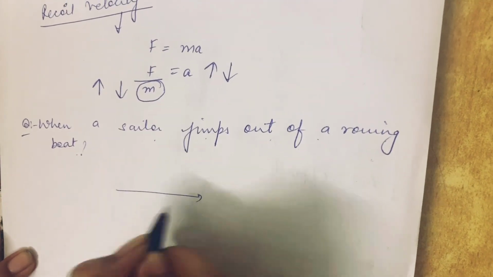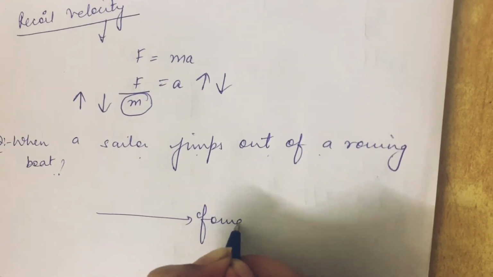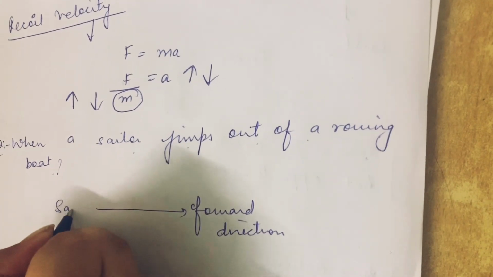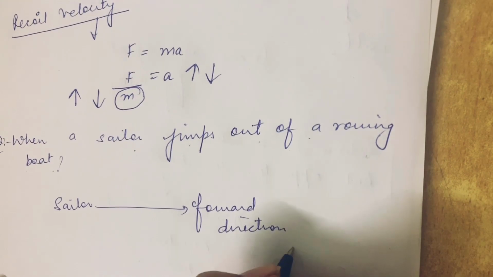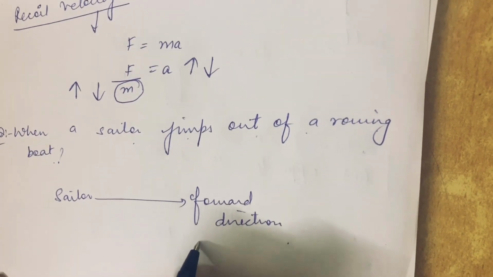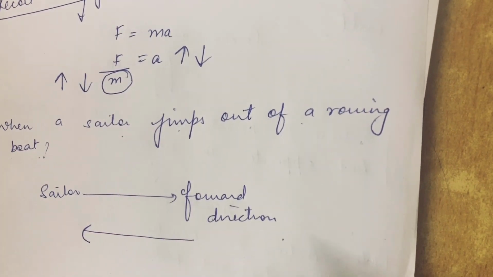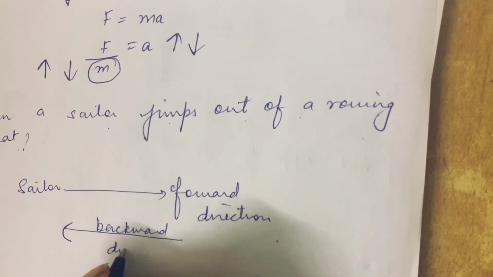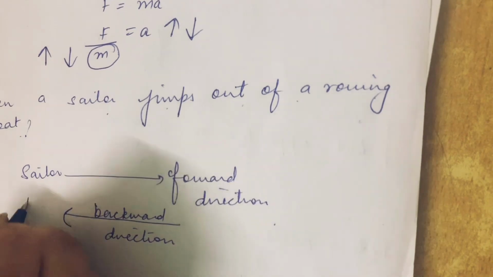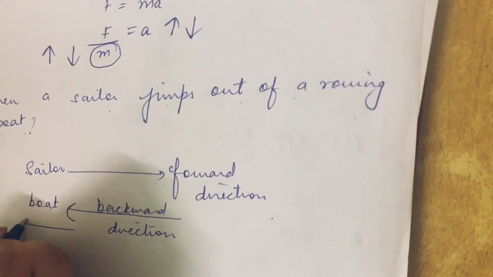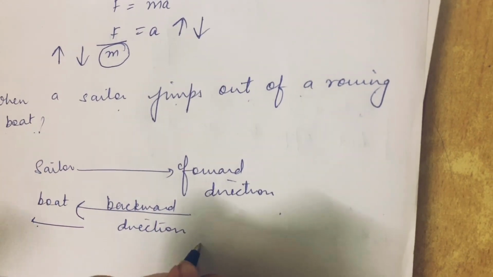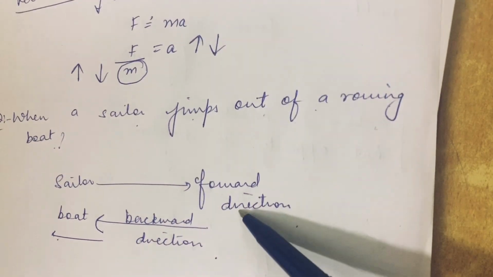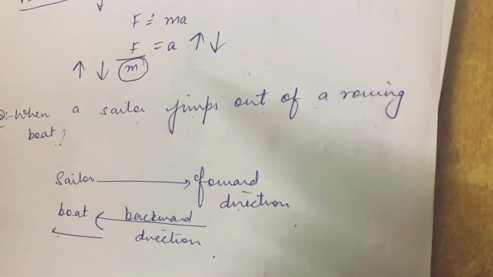As the sailor moves in the forward direction to jump out of the boat, the sailor will exert an equal and opposite force in the backward direction on the boat, and the boat will move away.